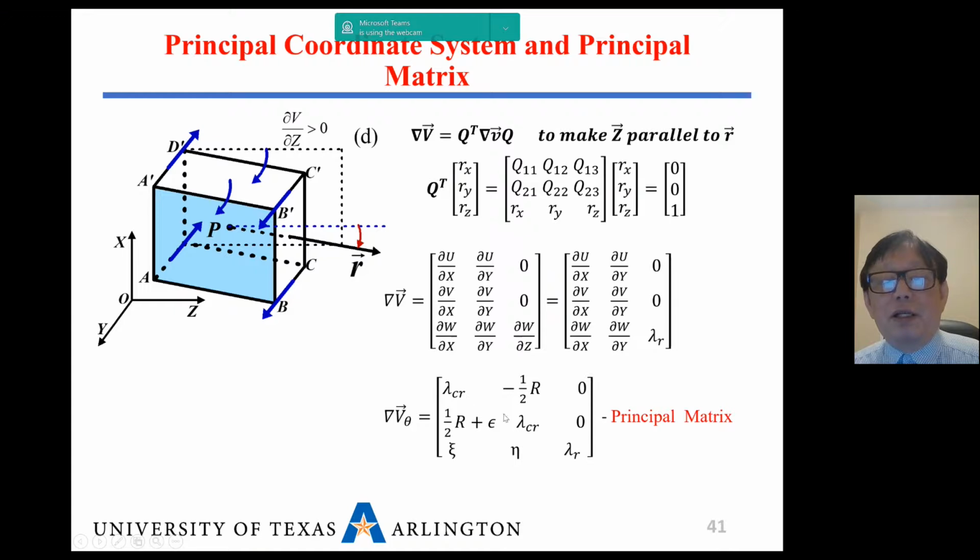Lambda CR is the real part of the eigenvalue of the velocity gradient tensor, and lambda R is the real eigenvalue of the velocity gradient tensor. Epsilon, xi, and eta are shears.